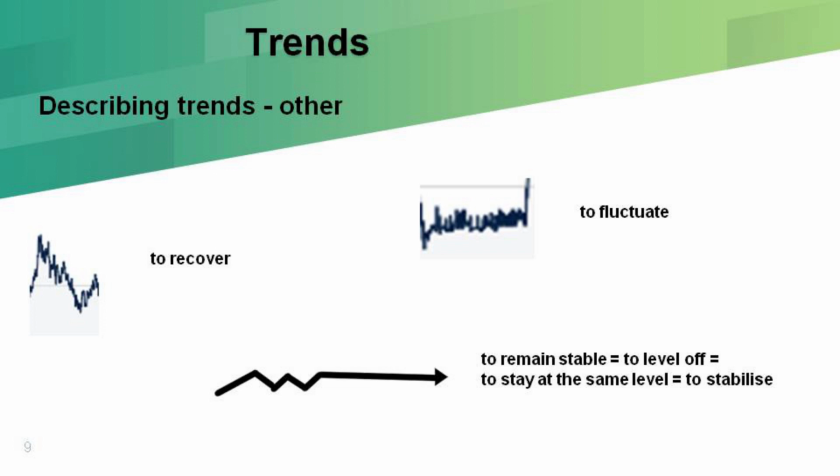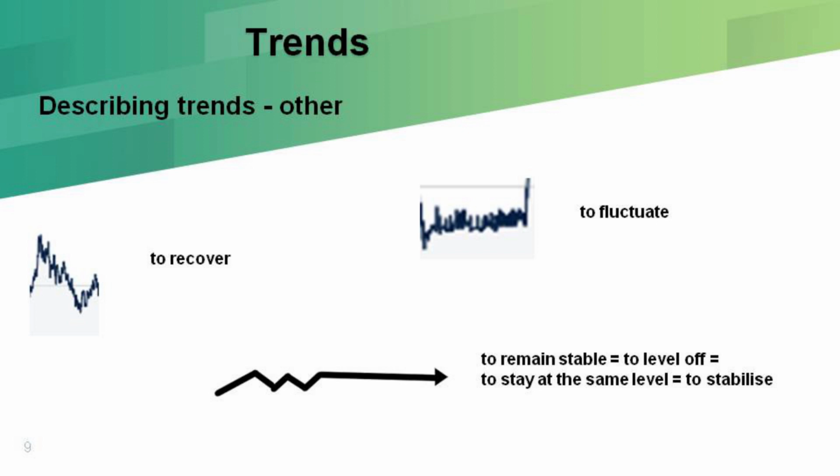Also, you can use the following verbs to describe trends. To recover. As you can see, there was a decrease for a long time. And after that long period of time, sales recovered and started to grow again.